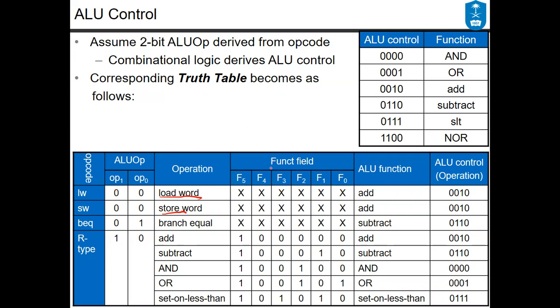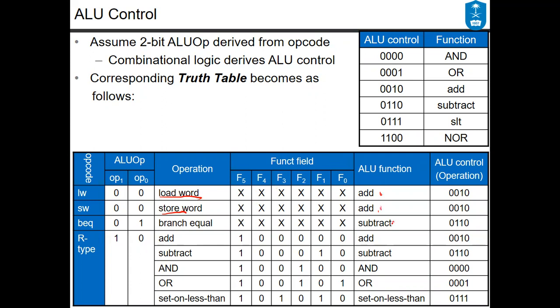So you don't care about the function field if it is load and store, and also if it is branch, because the branch is an I-type instruction. All the I-type instructions, load, store, and branch equal, don't care about the function fields. The load and store need the ALU for addition to add the base register to the offset.